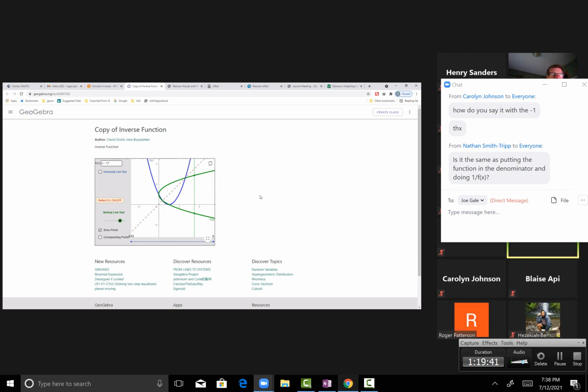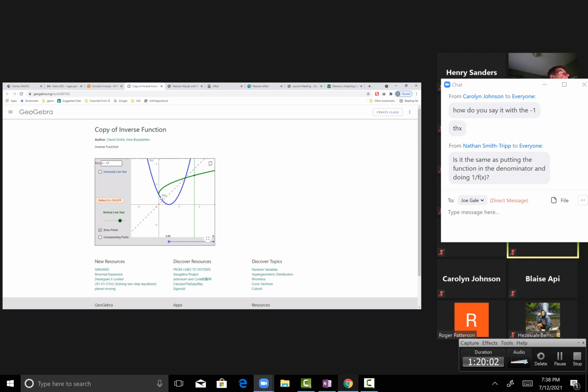It's not a function. That's right, it's not a function. Okay, so we have to change it so that it is. Now it is. Okay, and I'm trying to get it to be exact, but I'm not going to.